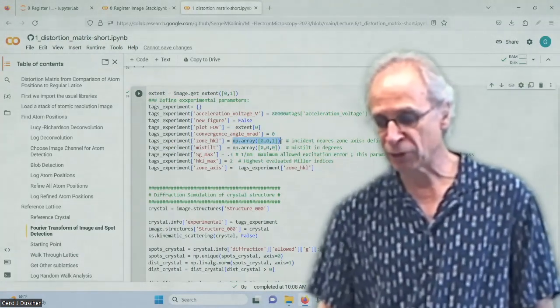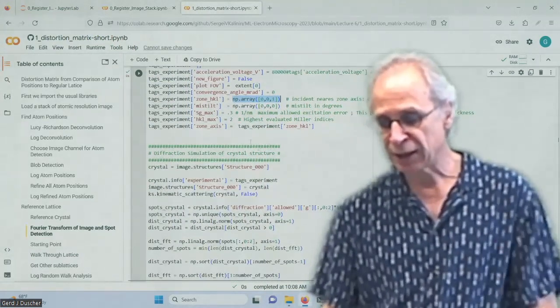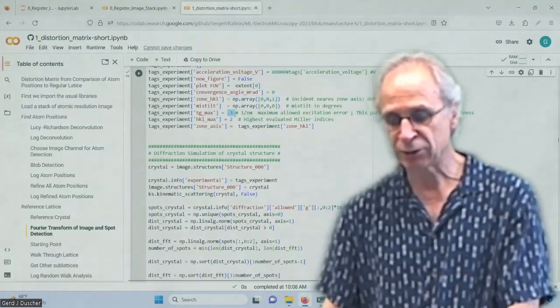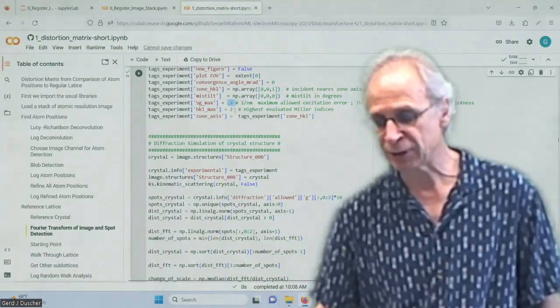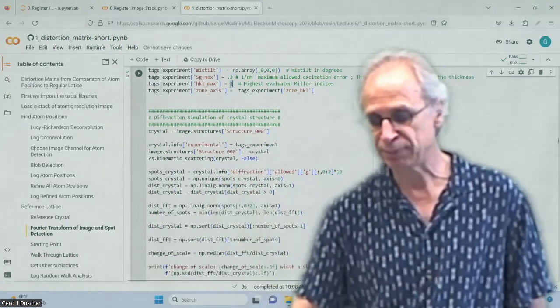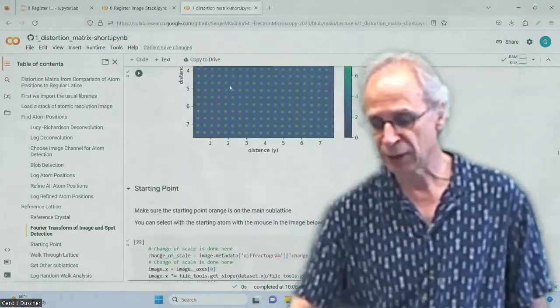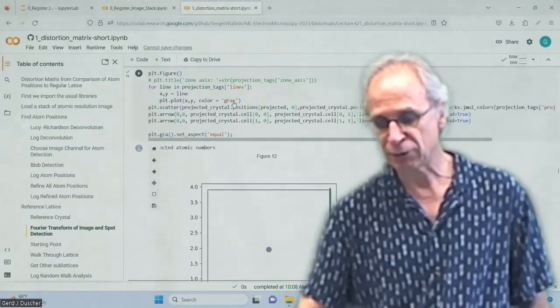I have determined strontium titanate, no mistilt, and I have my excitation error, which gives me how many spots I get, right? It's a thickness equivalent, and it gives you a maximum amount of HKL. So we determined the zone axis. We could have done that from the diffraction pattern.